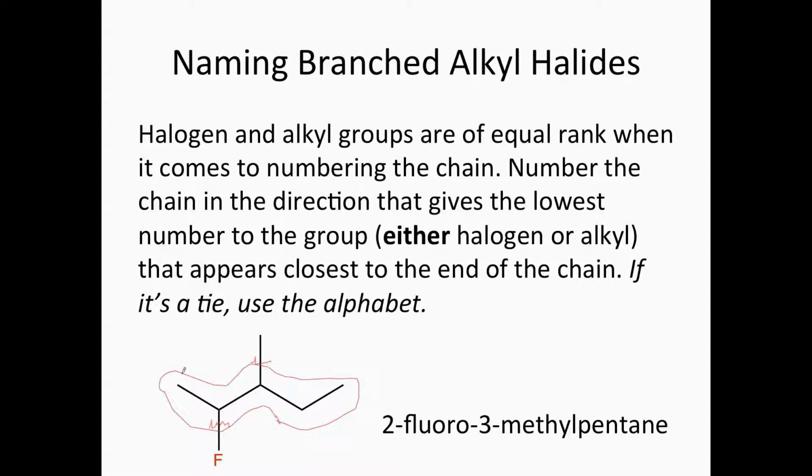So we start counting from the left. 1, 2, 3, 4, 5. Okay. And we order them in the name from the substituent that's closest to the end. So in this case, we have 2-fluoro, 3-methylpentane.